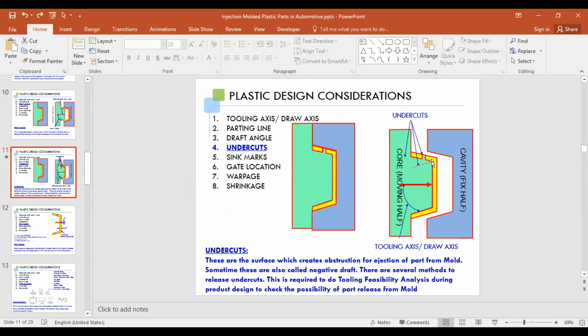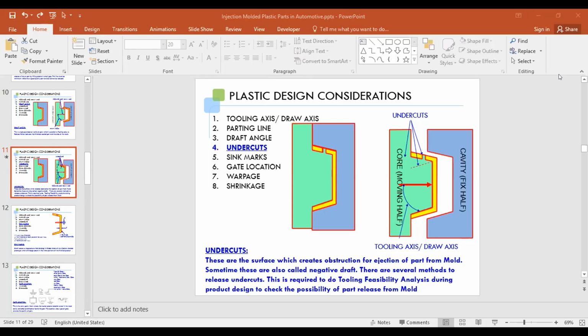Actually, sir, in that case we have specific terms like sliders and lifters. Sliders and lifters are used for actuating in the undercut direction. If this is the undercut, we will make a construction here, and this small portion, which is interfering with the part, will move in this direction first.